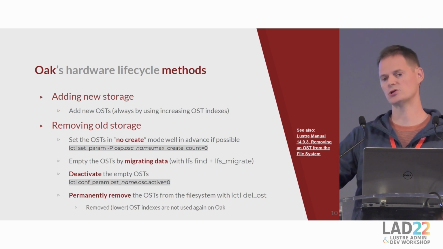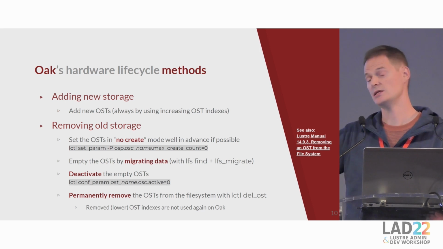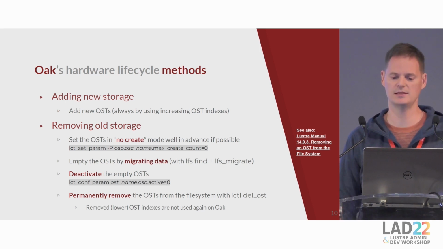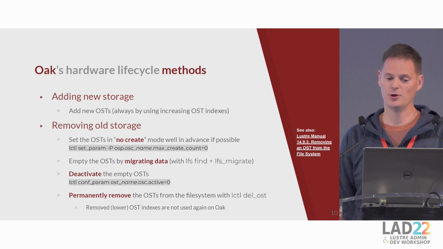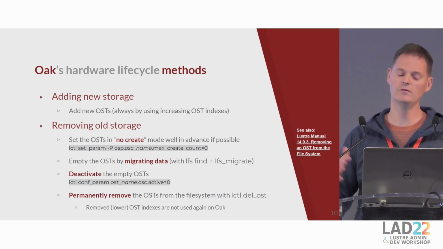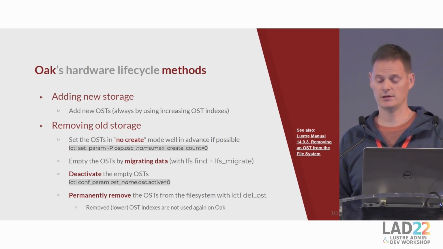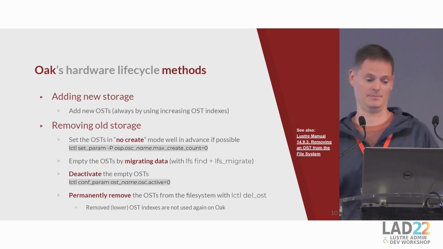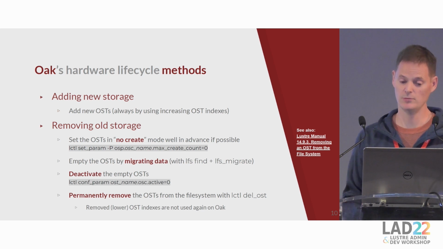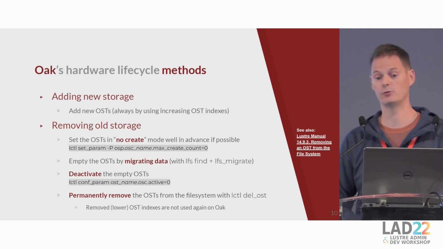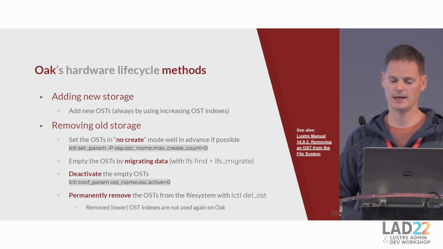So when we add new storage to Oak, we use increasing OST indexes. The harder part is to remove the old storage. That's because Oak now is more than 5 years old, so we have started to remove old equipment, and so this problem came up.